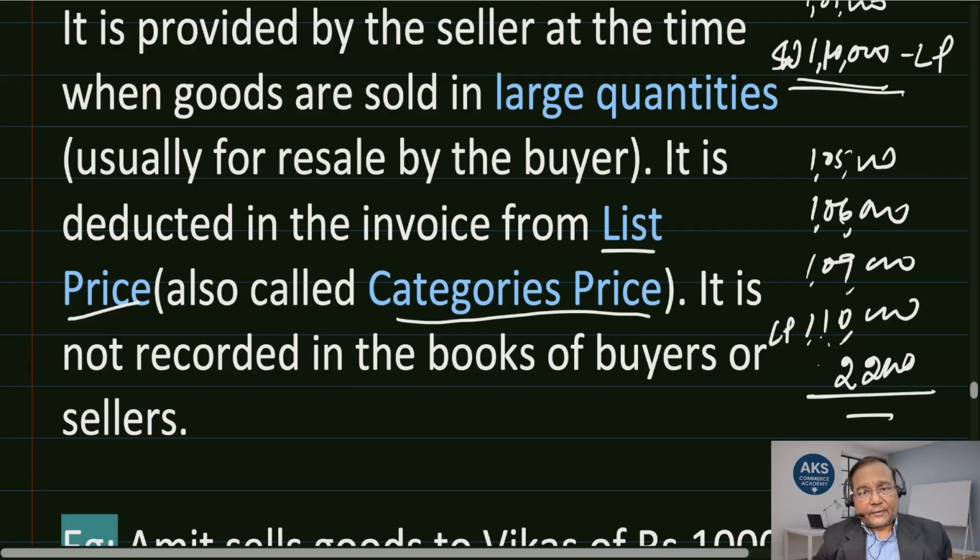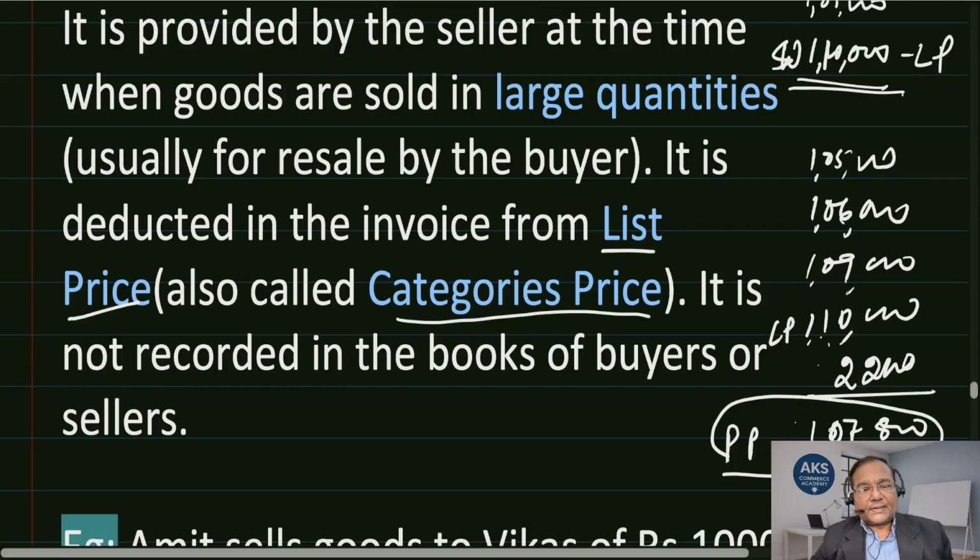So when trade discount is provided by the seller to the buyer, it is not recorded in the books of account. Why? Because the buyer's purchase price in this case is 1,10,000 minus 2,200, so it is 1,07,800. So 1,07,800 is the purchase price for the buyer. And there is still a margin for the wholesaler because he is allowing trade discount on the list price. So this is to be understood.